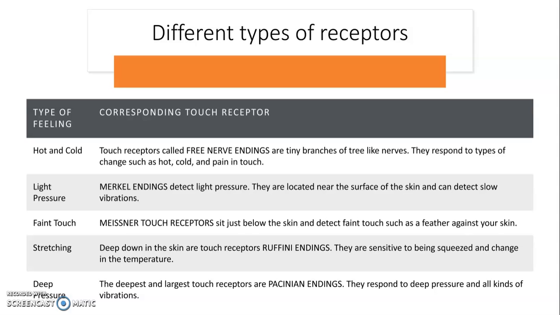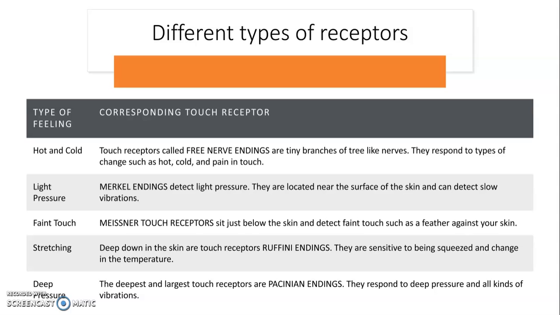And I don't really know how to pronounce the next three, and I'm sorry about that, but I'm going to try my best. So next is faint touch, and these correspond with Meissner touch receptors, which sit just below the skin and detect faint touch, such as feathers against your skin.